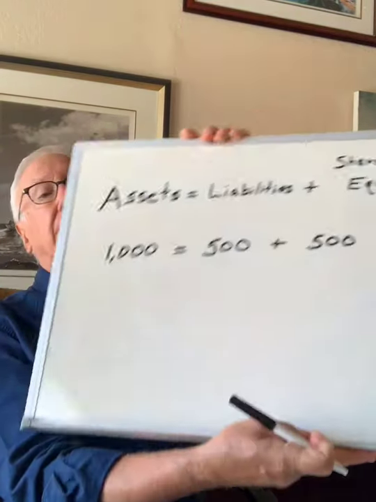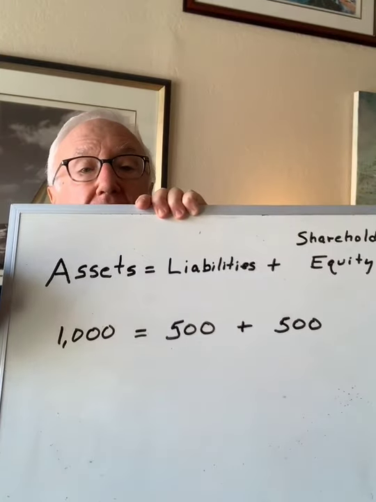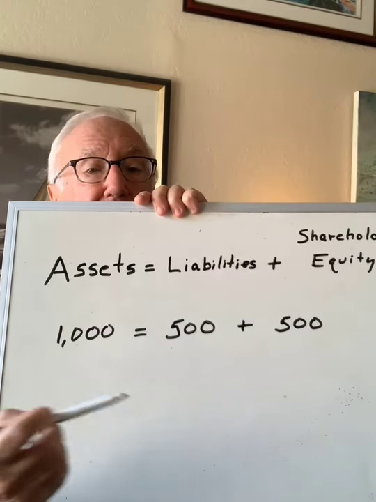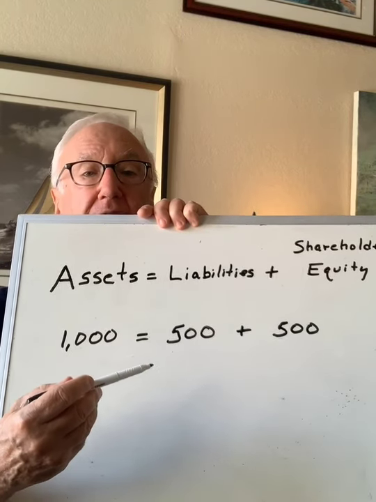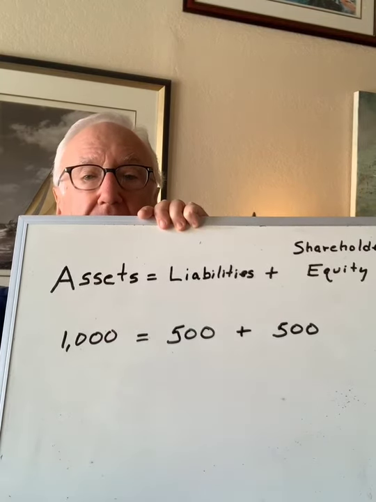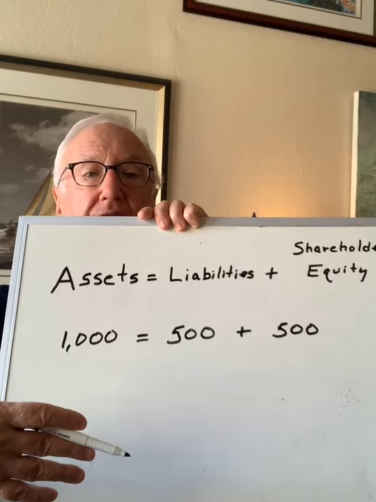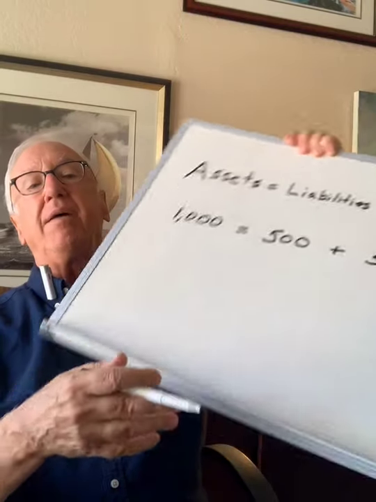Well, we add shareholder equity. And all of a sudden, 1,000 equals 500 plus 500, and it makes perfect sense, because if you only have $500 in liabilities and you have $1,000 in assets, well, then you've got $500 of equity. You've got an additional $500 that is yours. That's excess, that's profit. Okay?